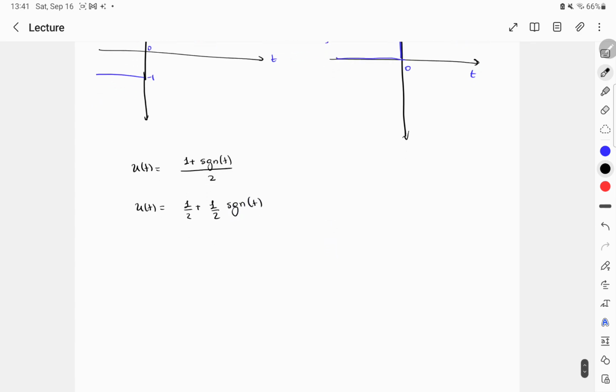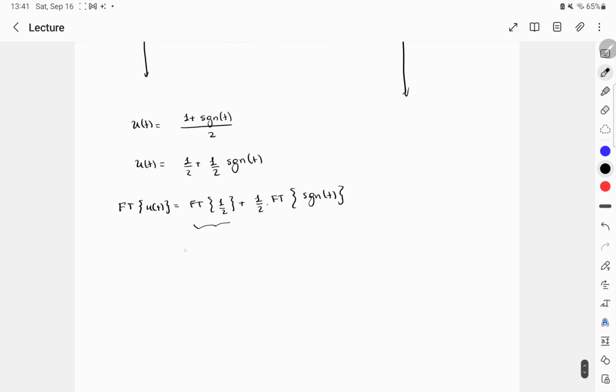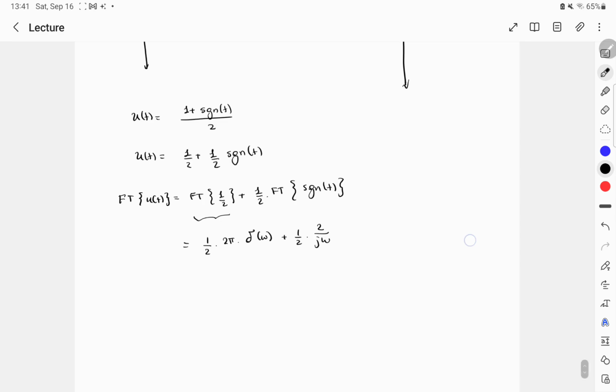And then we need to take the Fourier transform of both sides. The Fourier transform of u(t) equals the Fourier transform of 1 over 2 plus 1 over 2 times the Fourier transform of the signum function. As we know, the Fourier transform of 1 over 2 is 1 over 2 times 2 pi times the delta function of omega, plus 1 over 2 times the signum function's Fourier transform, which was 2 over j omega.